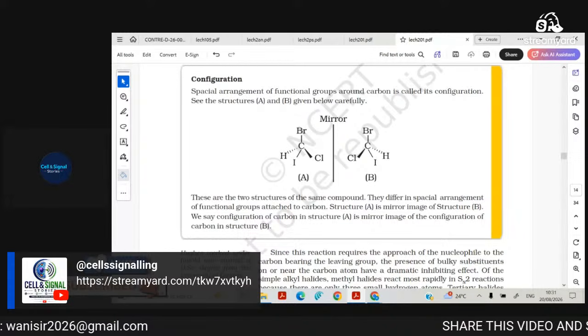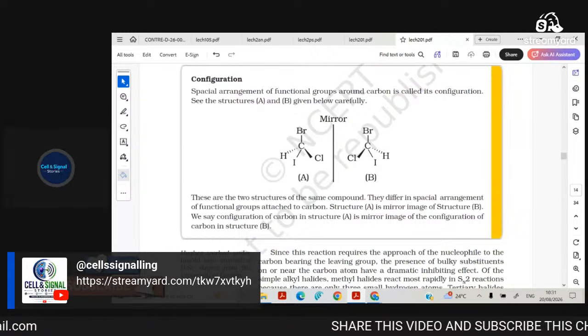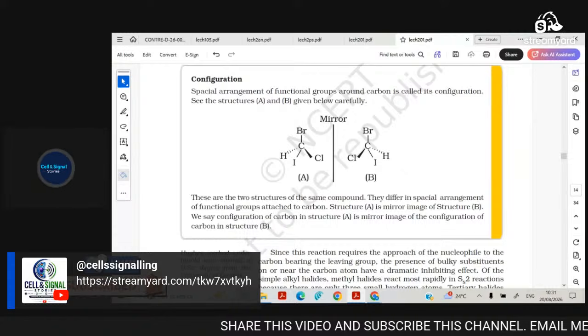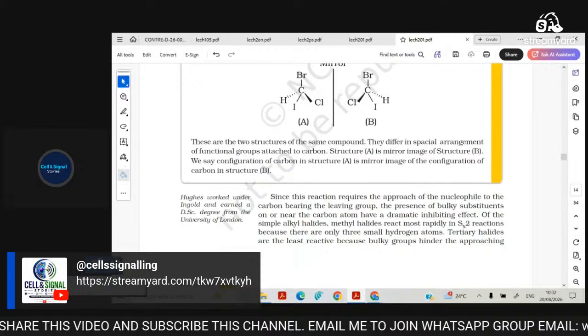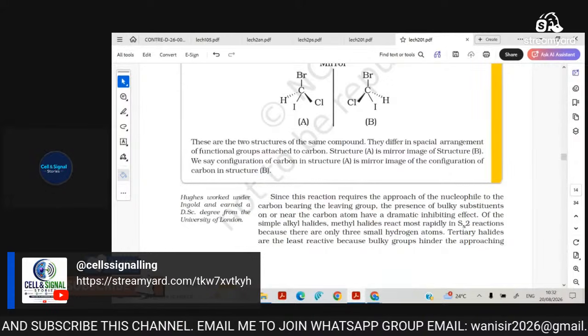Now, since this reaction requires the approach of the nucleophile to the carbon bearing the leaving group, the presence of bulky substituents near the carbon atom has a dramatic inhibiting effect.